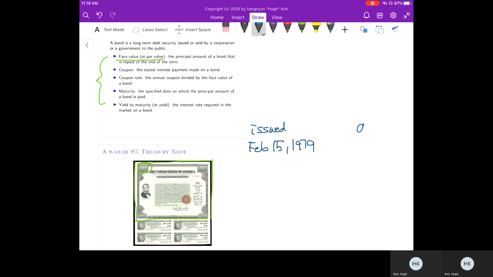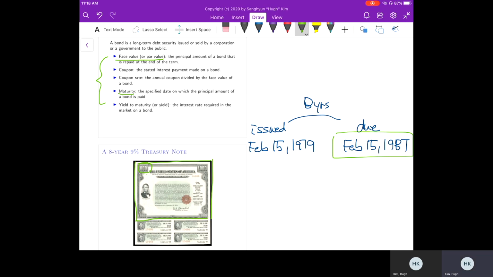And it's due on February 15th, 1987. So this is an 8-year bond. And this is called a maturity. The maturity is the specified date on which the principal amount of a bond is paid.